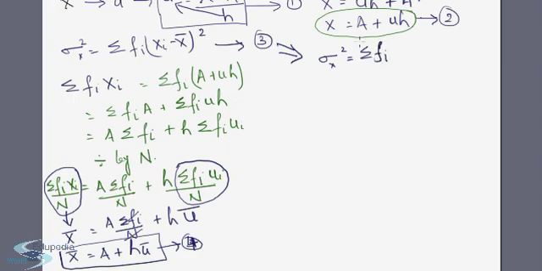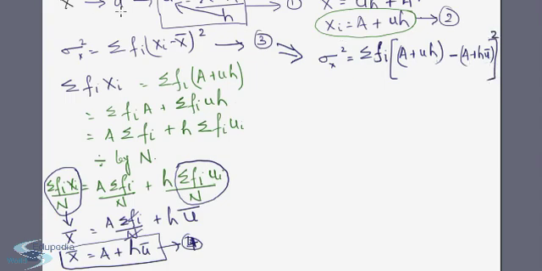Now we have xi here, and in equation number 2, I can use that here. So I'll have xi, which is equal to a plus uh, minus x bar, I can take that from equation number 4. So I'll have a plus h u bar. Okay, and the square of the whole thing.